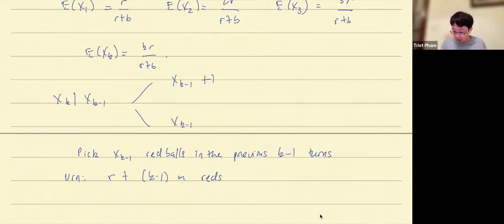Well, if you pick, sorry, not k minus 1, sorry, xk minus 1, because that's how many times you pick the reds. How many blues do you have? You have the remaining turns where you add the blues to it. Is that clear?